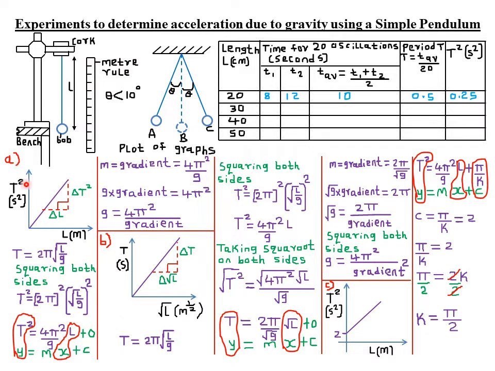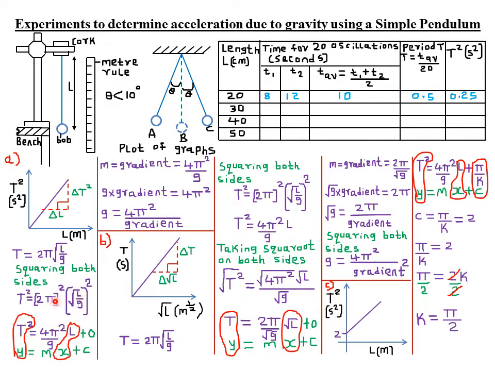So to make our equation rhyme with the graph, we shall just ensure that we have t squared on the y-axis or on the vertical axis. The easier way of obtaining that is, first of all, squaring both sides of our equation here. So if I square both sides, I'll have t squared being equal to 2 pi squared, then also root L over G, I also square it.